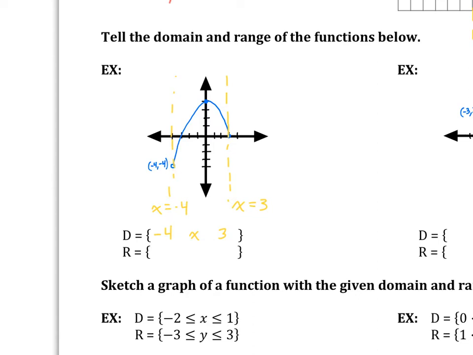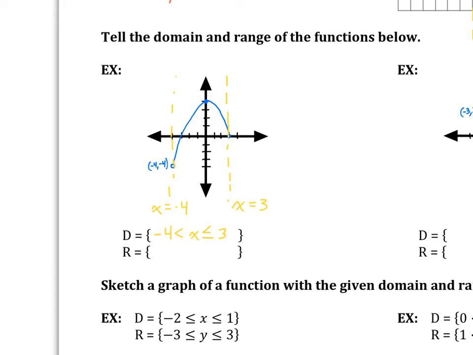So what does that tell us? It tells us that this is going to be strictly less than. -4 is less than x. But then on the right wall, we have a closed circle. So it does in fact touch this vertical wall, and it can equal that x value. So we have x is less than or equal to 3.